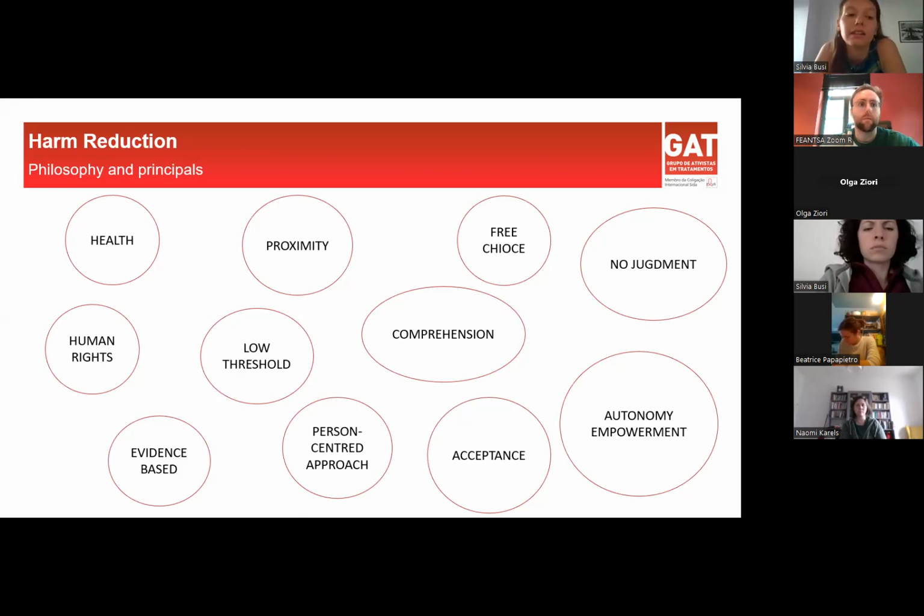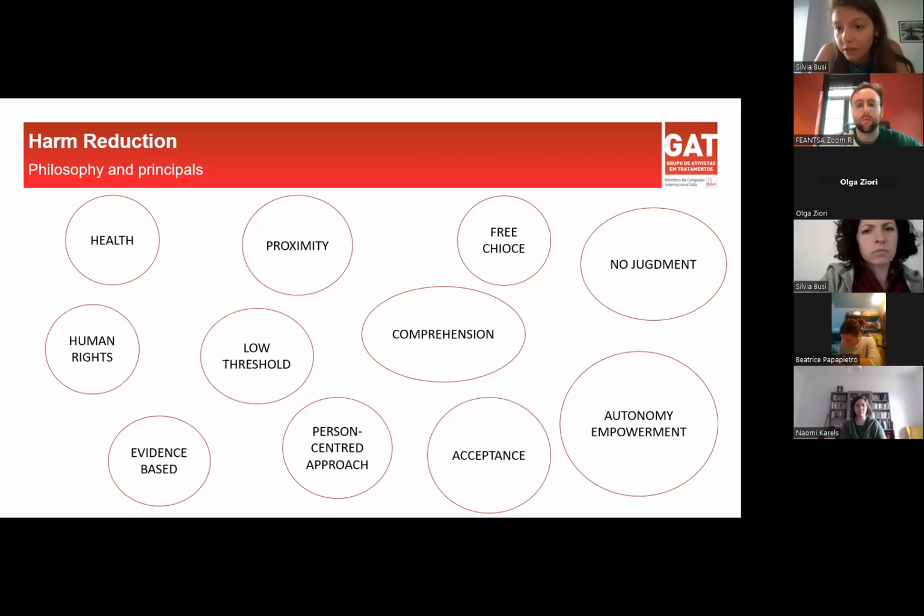Then it's a human rights-based and evidence-based philosophy. A lot of times when we work on drugs, we use approaches that are not evidence-based, such as prohibitionism. We tried it for a lot of years, it's not working. We don't have evidence that it is working, but we are still insisting.